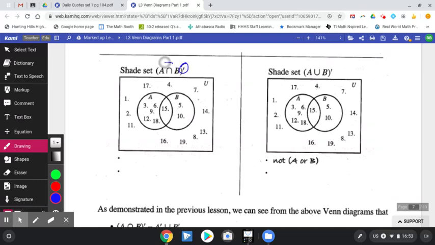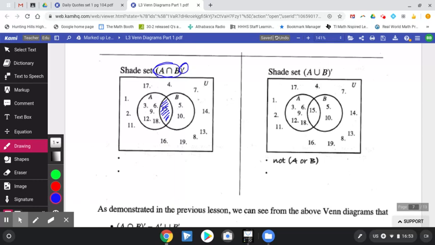So I'm first going to find that intersection, and that intersection is actually fairly easy to find. A intersect B is right there. So the complement of A intersect B is everything except that region that I have shaded in.